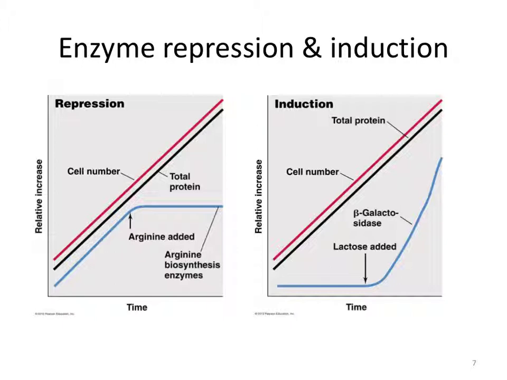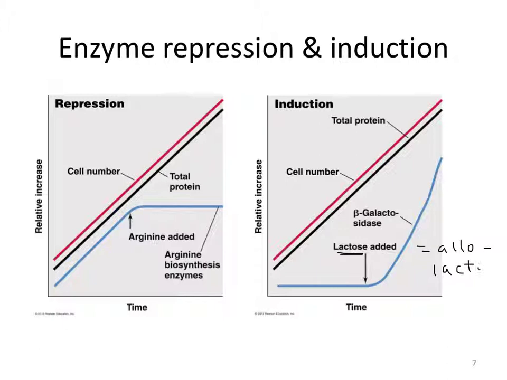In the lac operon, the transcription of the gene for beta-galactosidase is induced by the presence of allolactose. Allolactose is a breakdown product of lactose itself. So basically, if you have lactose present, that's what's shown here, then that means that you will have allolactose.